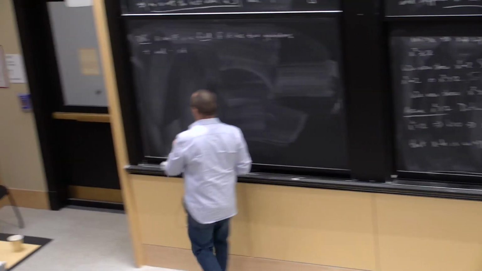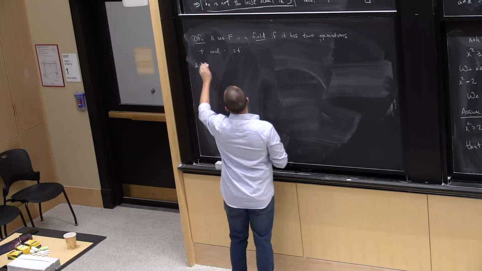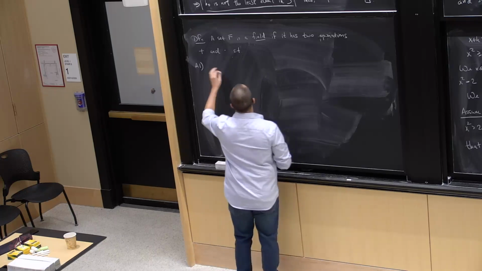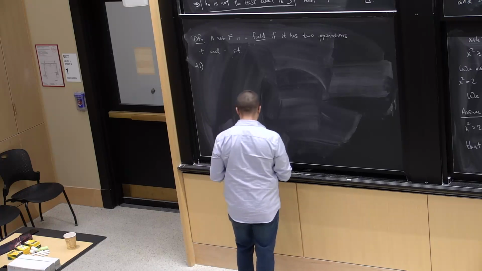Okay, the first is with respect to, so this is plus, this is times, this is addition, multiplication. So the first condition is that this set is closed with respect to taking sums.